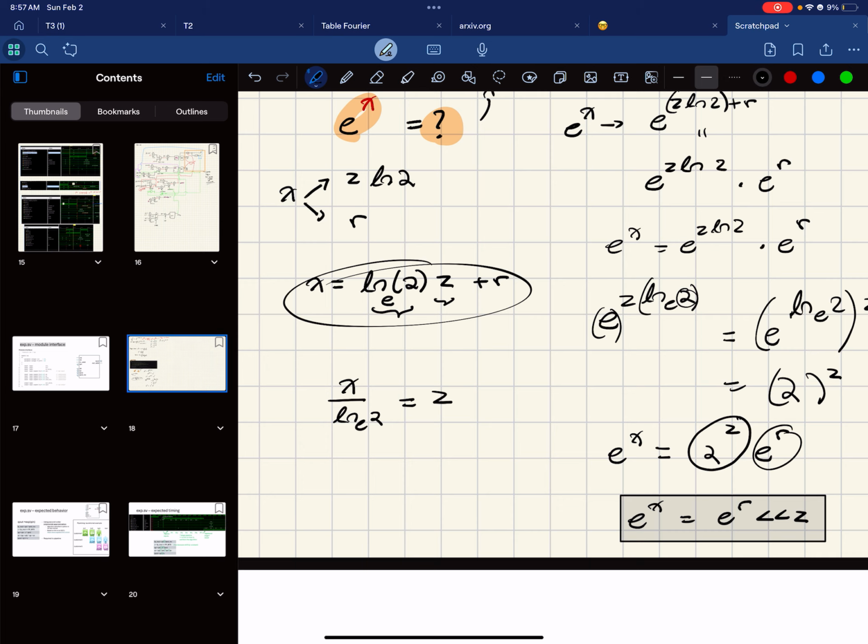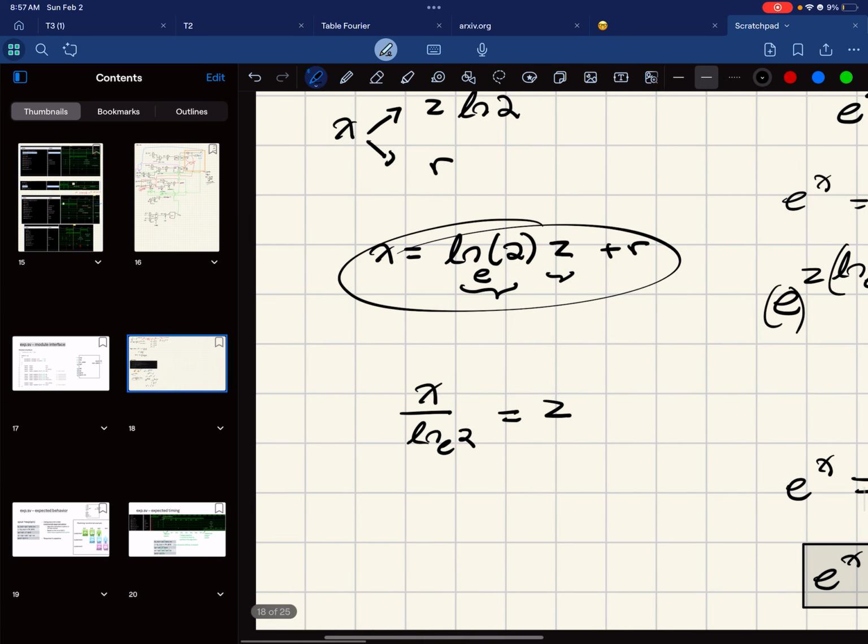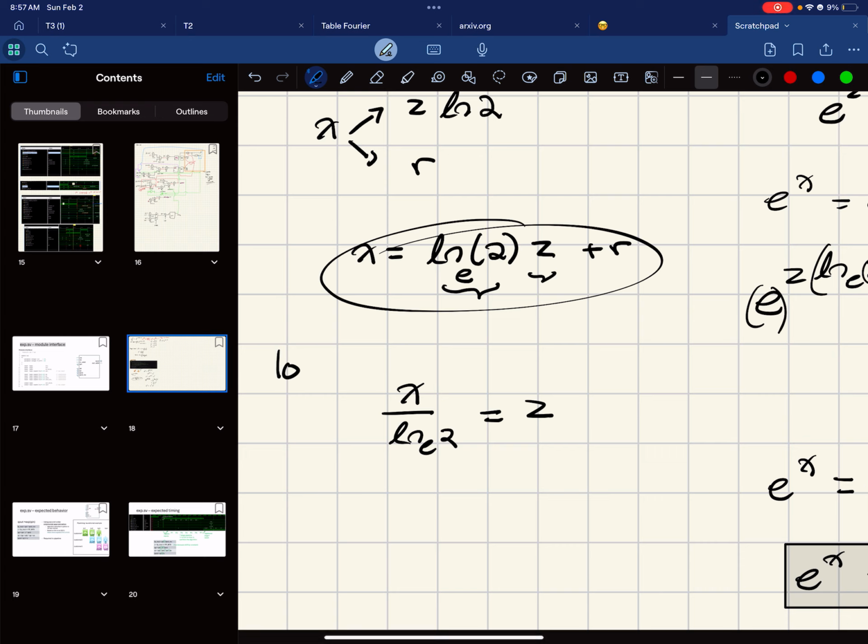If x is like 10, and again, for the sake of engineering, ln_e of 2, assuming that e is equal to 2, is just going to be 1. So let's call x 11. X, for the sake of this example, is equal to 11, e is equal to 2, and so ln_e of 2 is equal to 1.